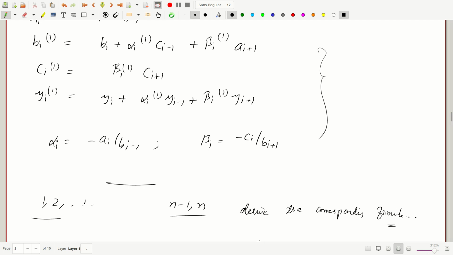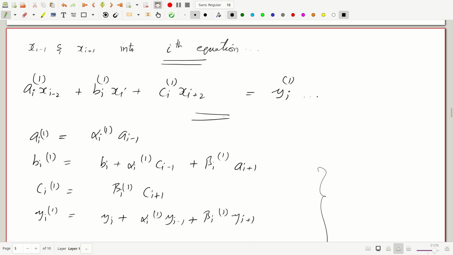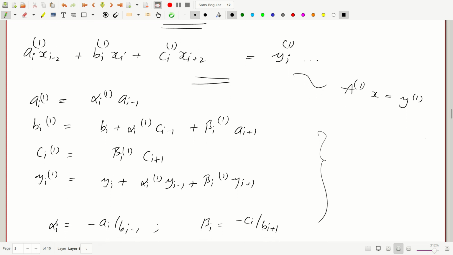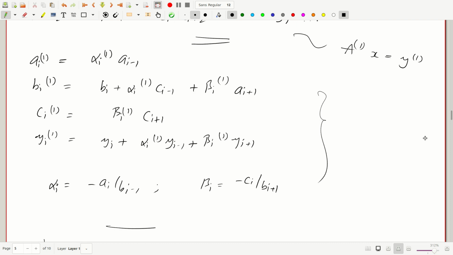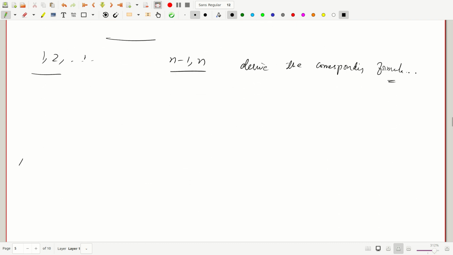So essentially now we have got this new system, right? Now how do the entries in this new system look? What will be the corresponding matrix if I write A^1 x equals y^1, with superscripts of 1, okay? So how does this system look? This will look like b_1^1, and then the neighboring dependency is gone. You have c_1^1 here, and then these are all zeros, right?